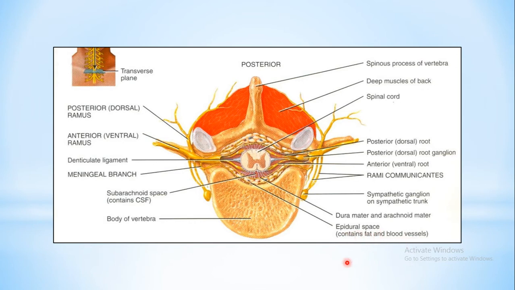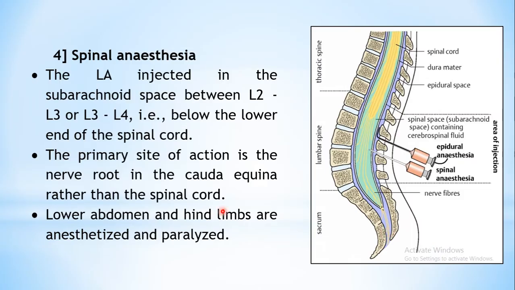So basically here you need to remember these two spaces, subarachnoid space and the epidural space, for the next two types of techniques which we are going to cover. So coming to the next technique, that is spinal anesthesia, here the local anesthetic is injected in the subarachnoid space. We have seen what a subarachnoid space is.